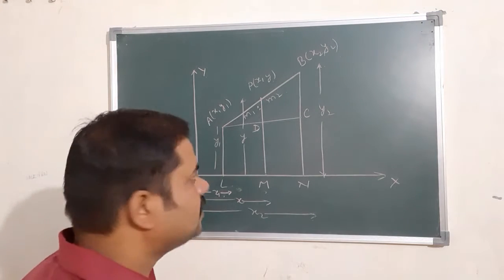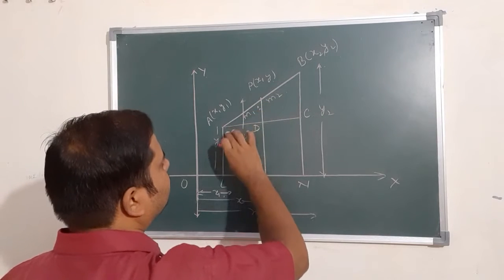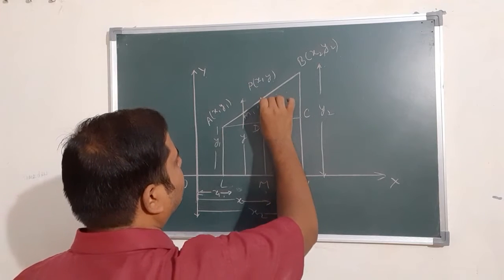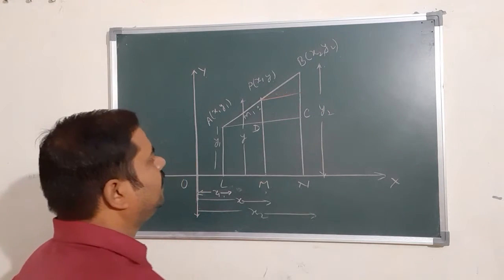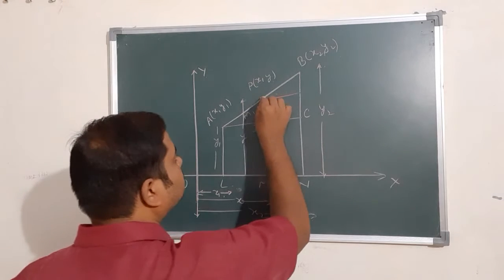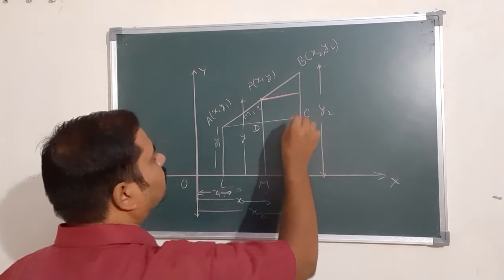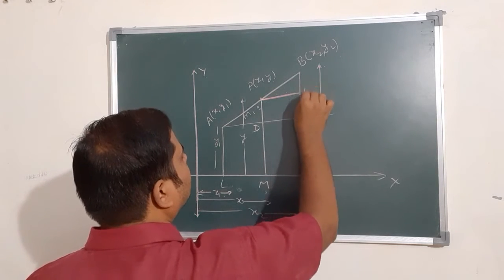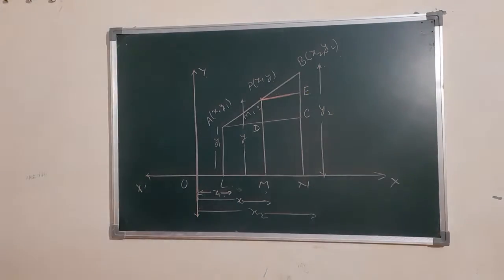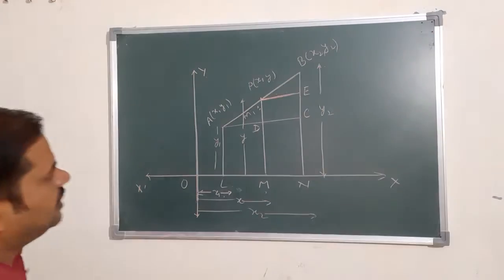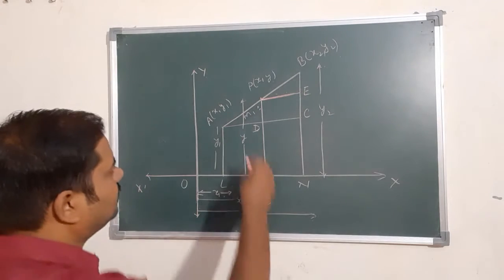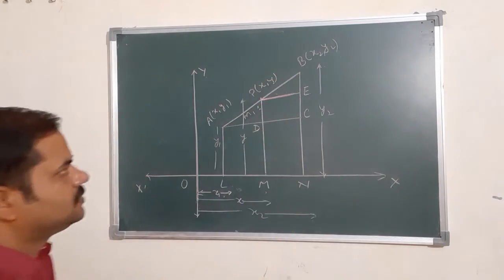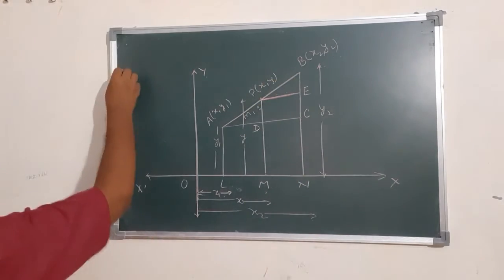I hope you have completed this. So now see here, this is triangle APD, and this one is triangle BPE.